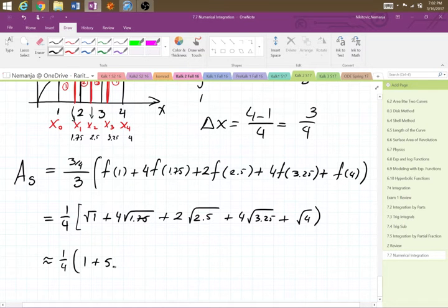I'll keep 2 decimal places. 18.66 divided by 4.